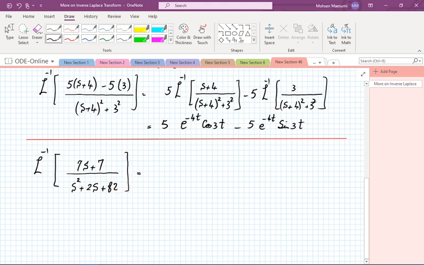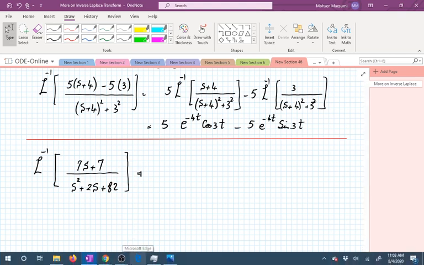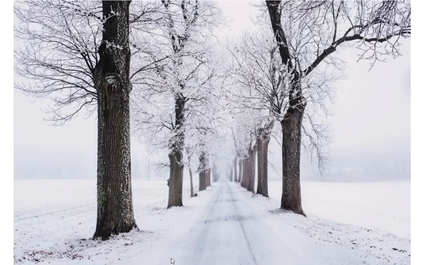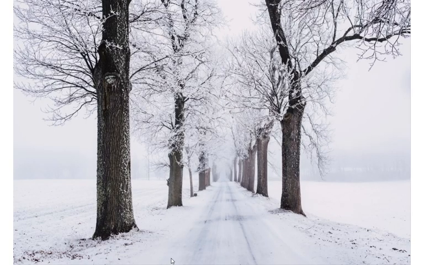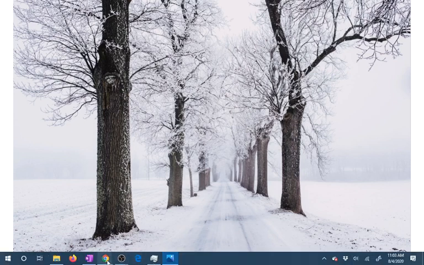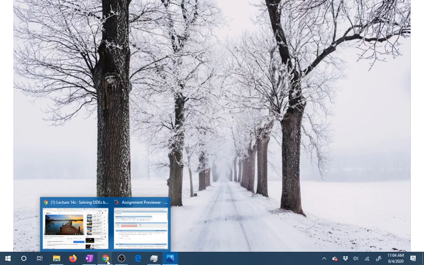Take a minute or so to convert this into a form that's going to help me find the answer from the table quickly. Do the completion of squares, and then write the numerator as a sum of multiples of the bases of the denominators. That's the deal. It shouldn't take you more than a minute.